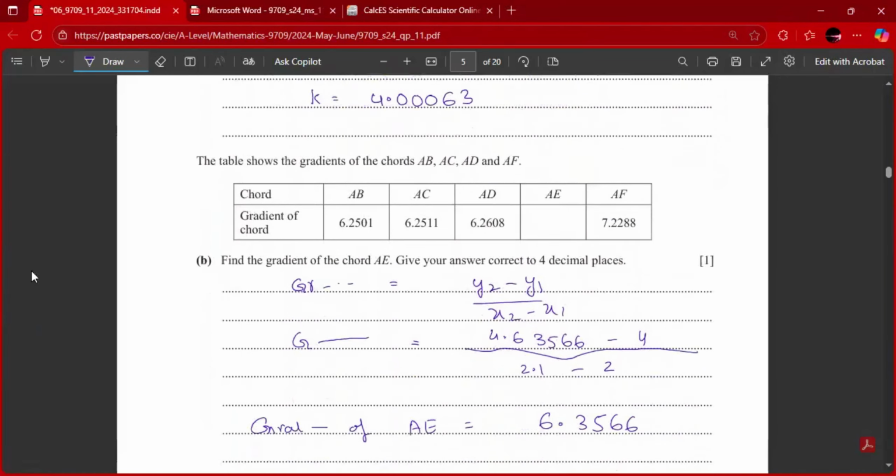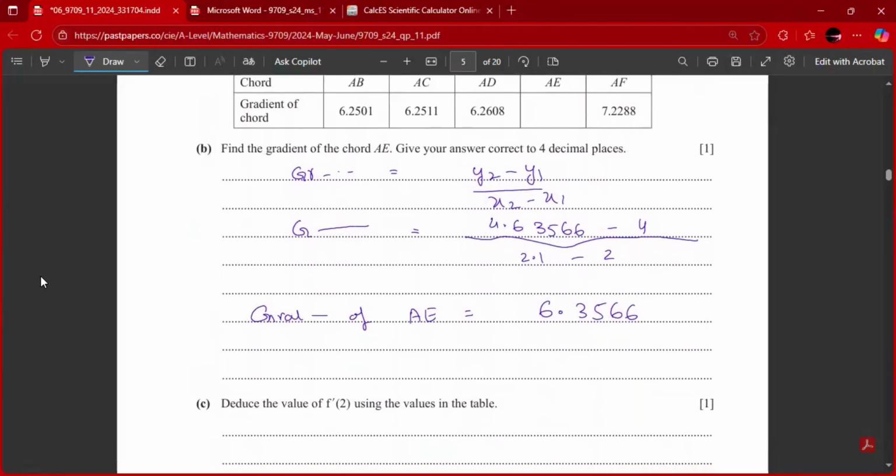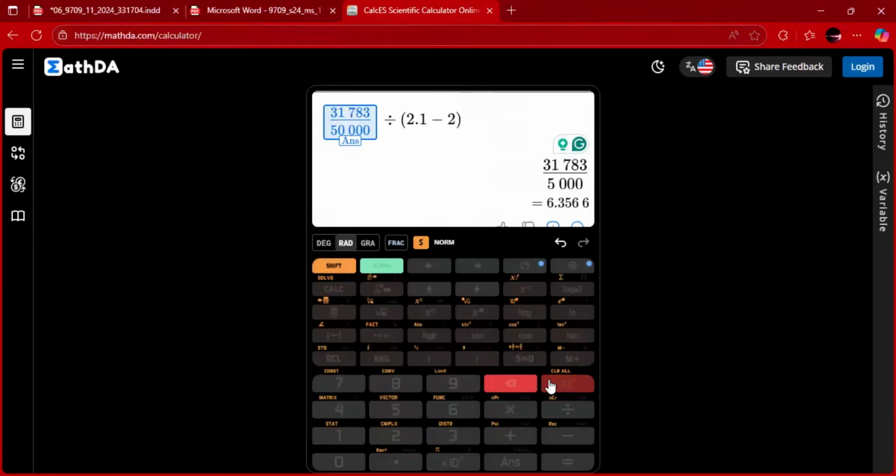Well, we can find it using the table, but let's just do it using the calculator, because it's a 1 mark question.